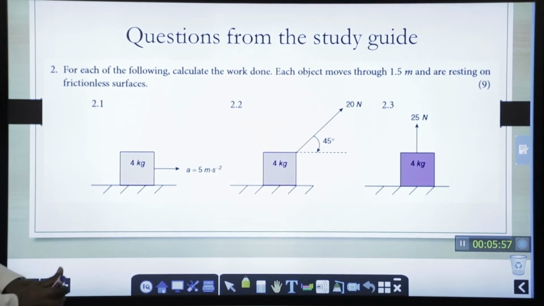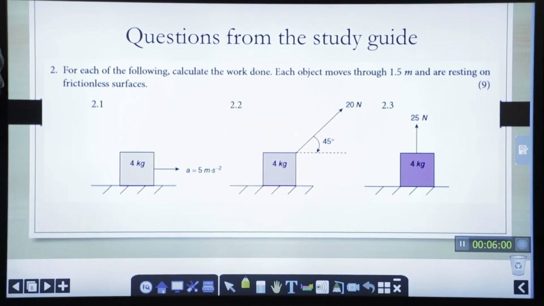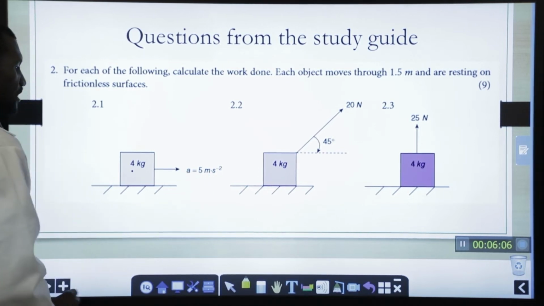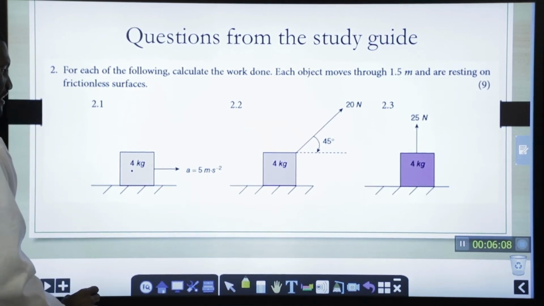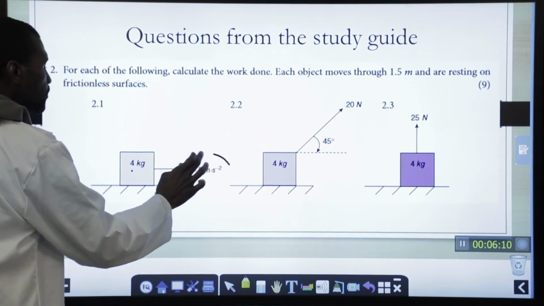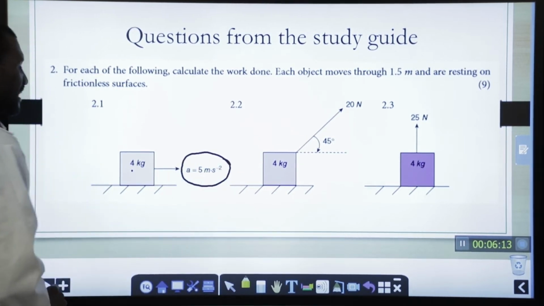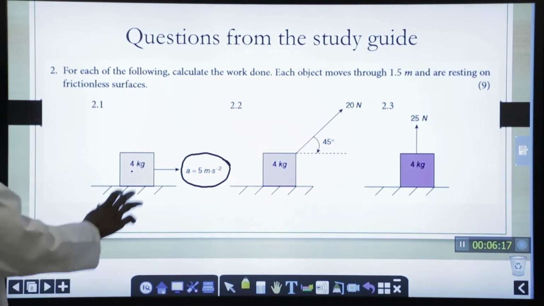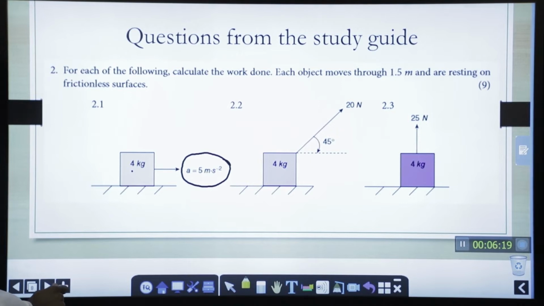All right, so let's look at the first one. The first one is a 4 kg object, and this 4 kg object has an acceleration of 5 meters per second squared. But I know that in order to find work done, I use force. I am given mass and acceleration.